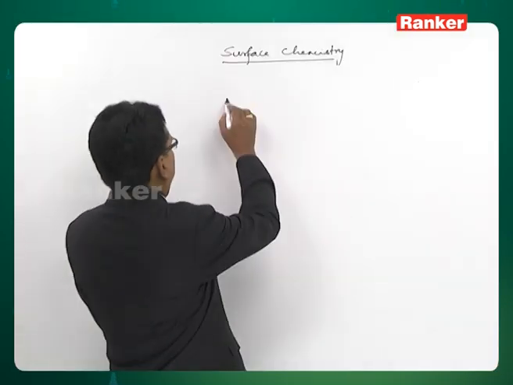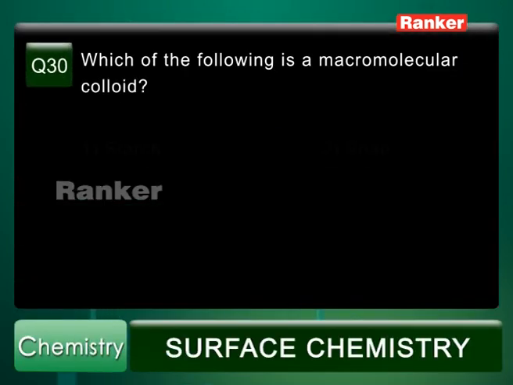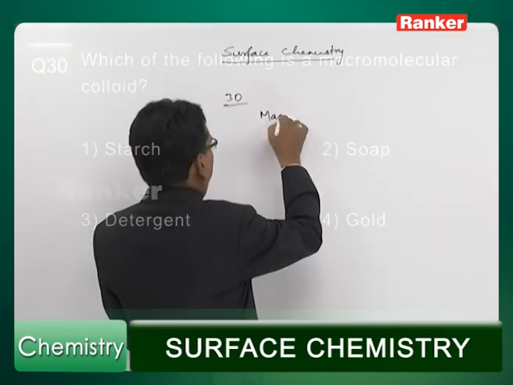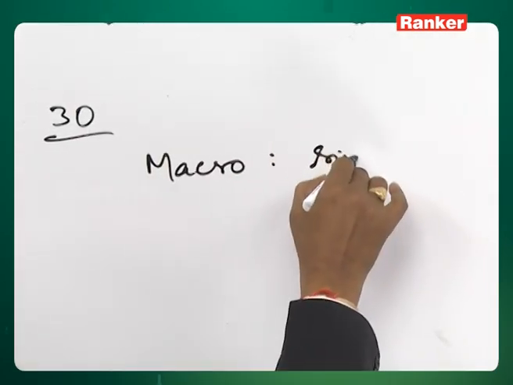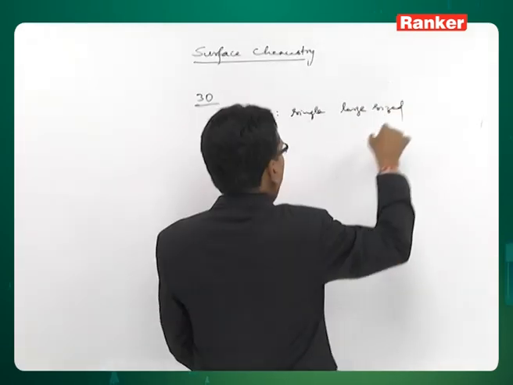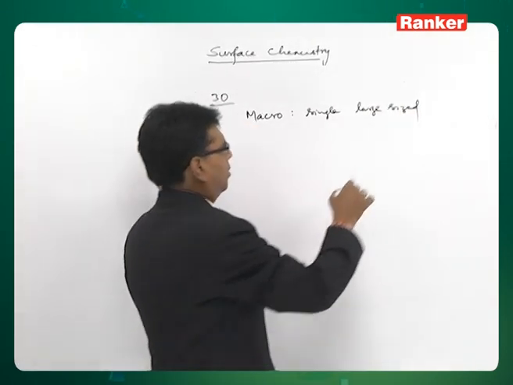Now, let us move on to question number 30. Which of the following is a macromolecular colloid? Macro means single large sized polymeric.